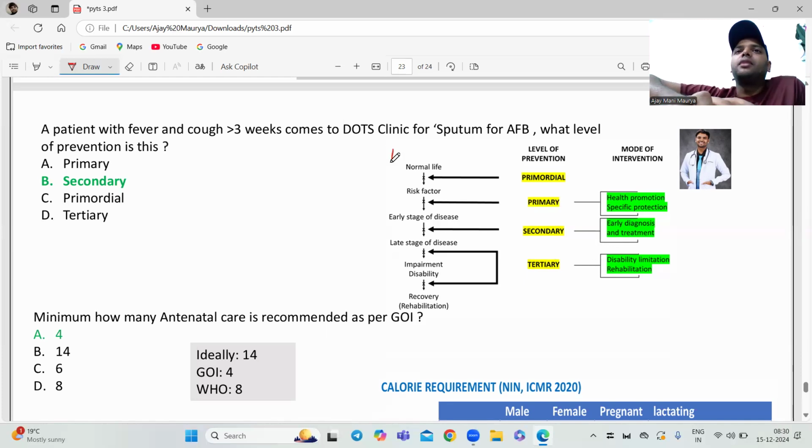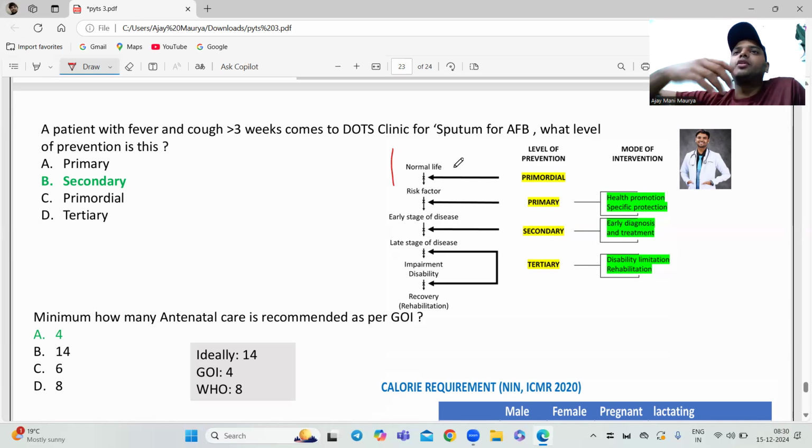Remember the normal life, there is a risk factor. Suppose you have to tell your children, okay, don't watch too much TV.